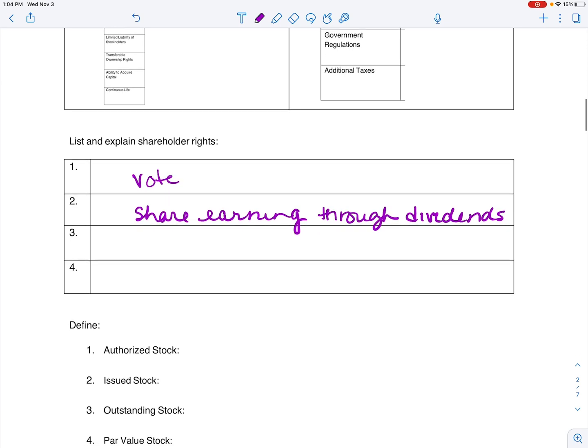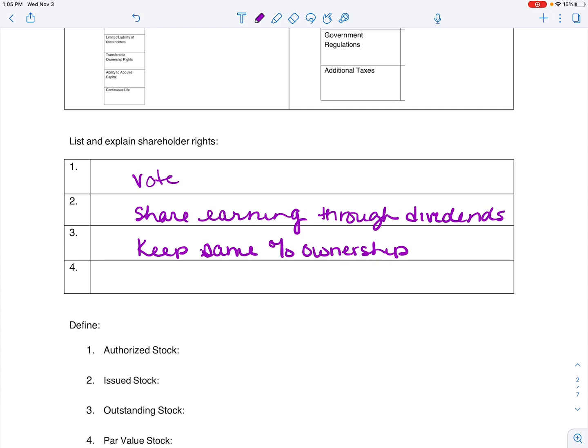The third thing that falls into shareholder rights is keeping the same percentage ownership. So if you own 50% of a company and the company decides to issue more shares, you have the option to buy those shares to keep that same 50% ownership.